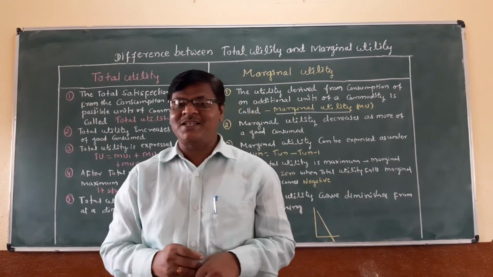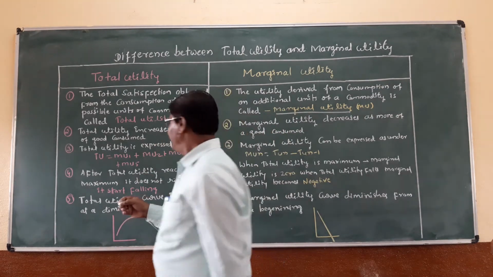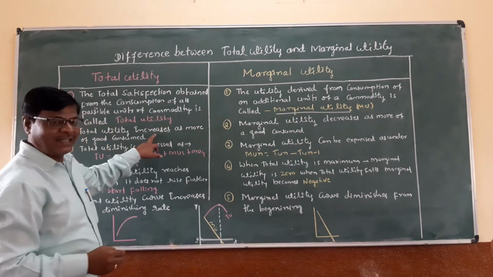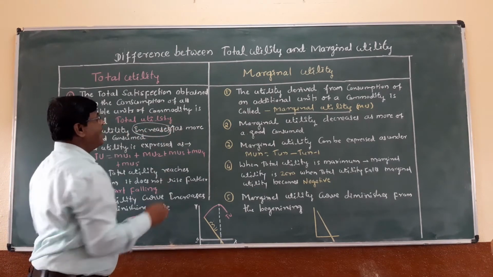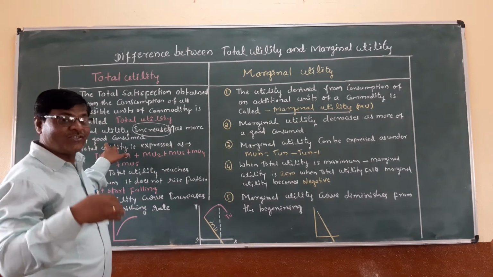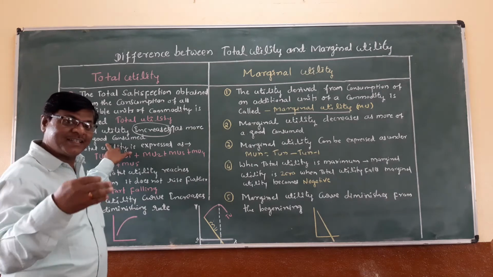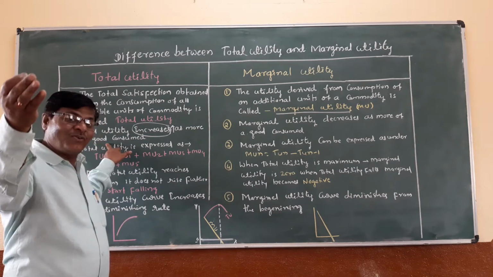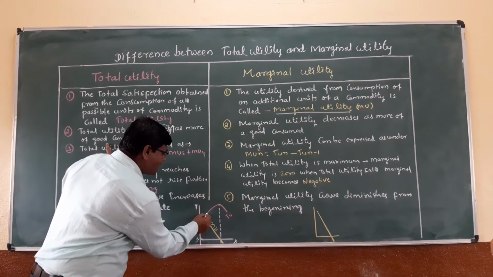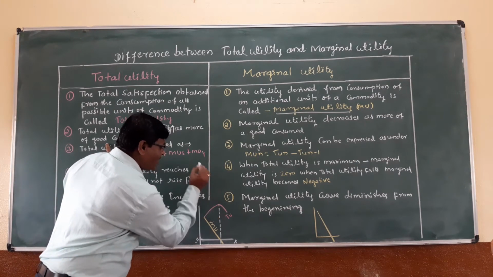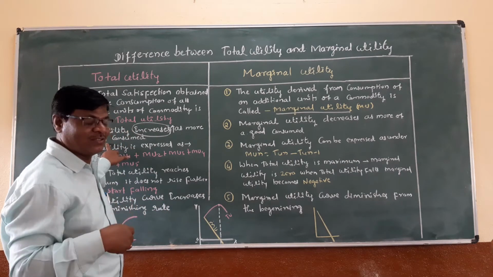The second difference is that total utility increases as more goods are consumed, as more units are consumed.